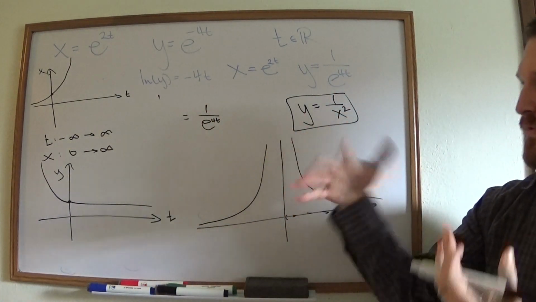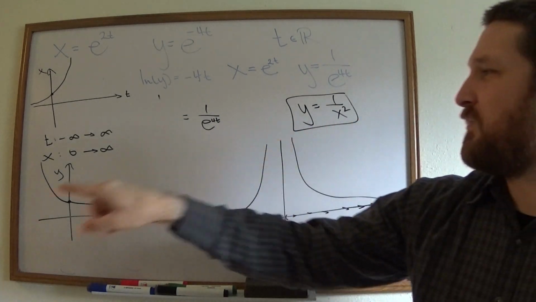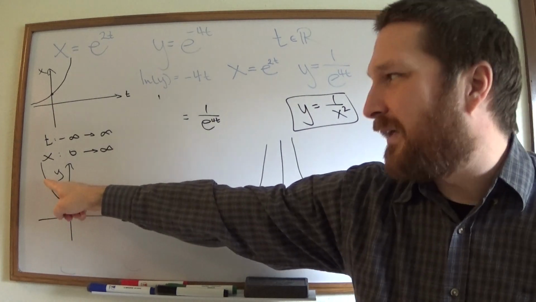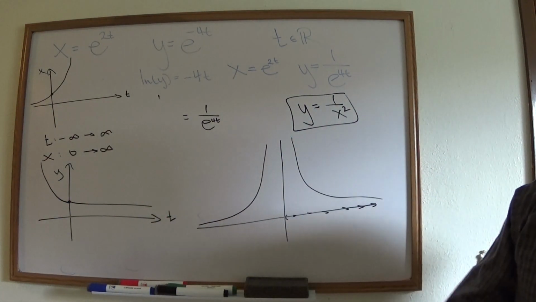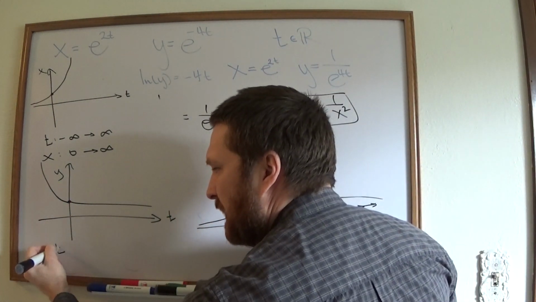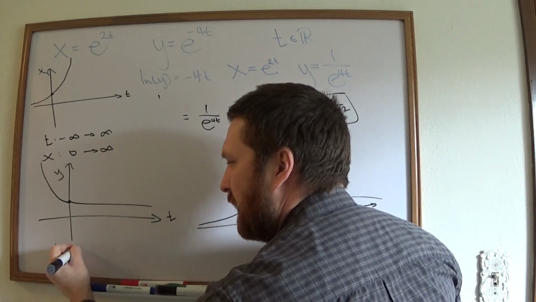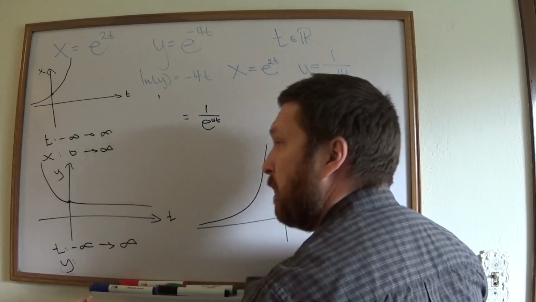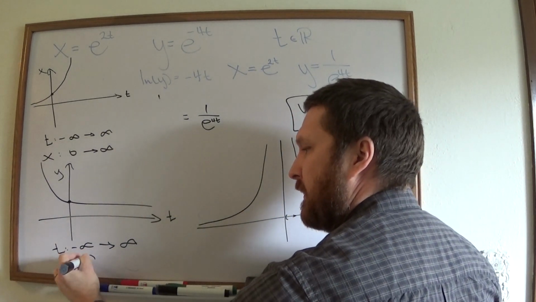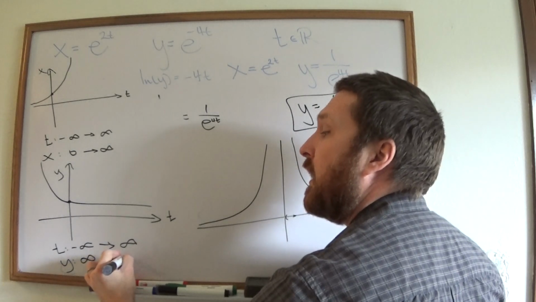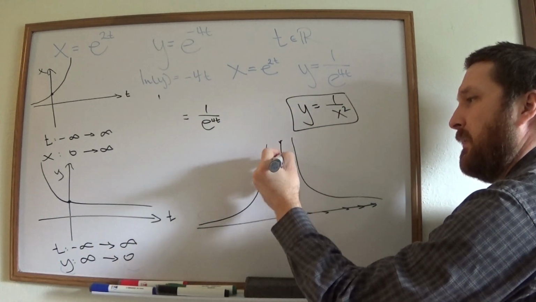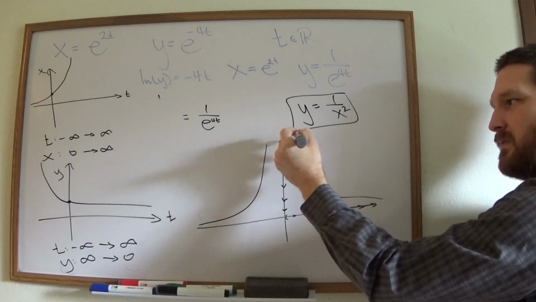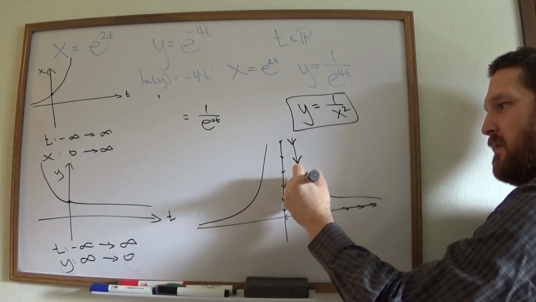So when you plug in really, really small numbers, this thing would be really small, but now you're dividing by it, so it makes it really big. But nonetheless, as t goes from negative infinity up to infinity, y goes from infinity to 0. And so y is coming from infinity and approaching 0, and indeed that's what this looks like. It should be this branch right there.